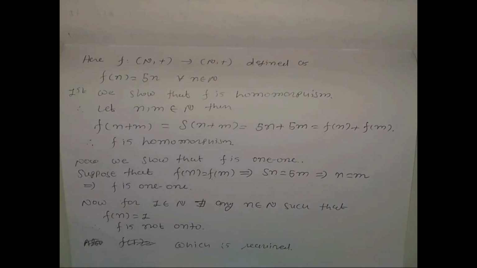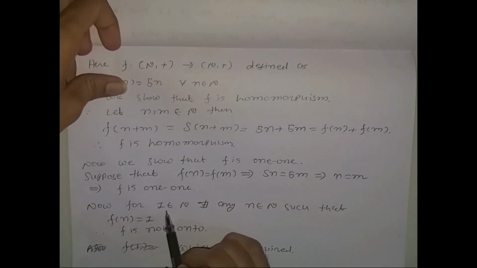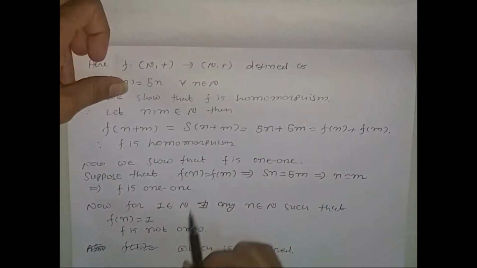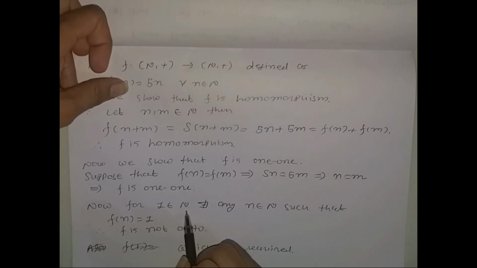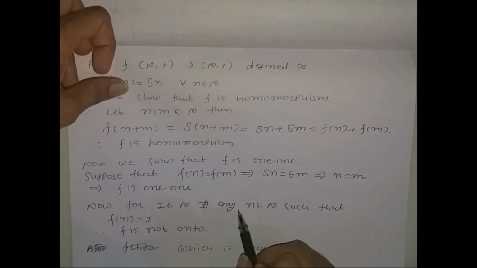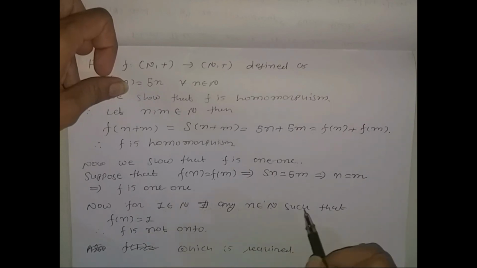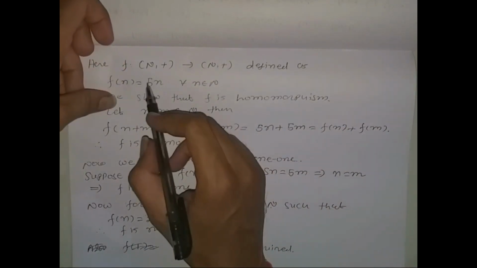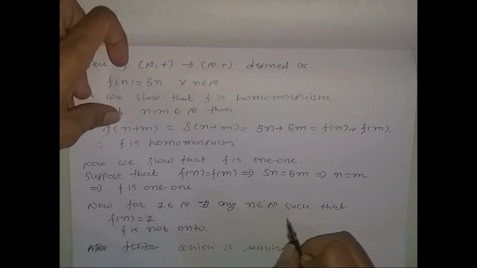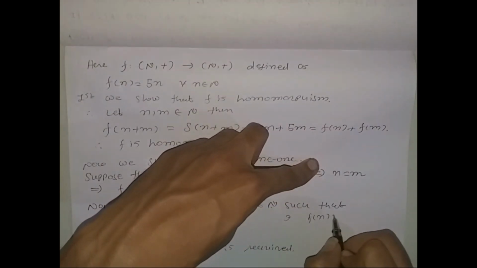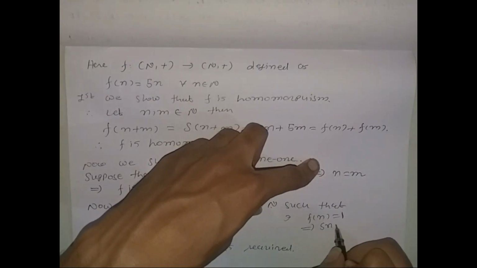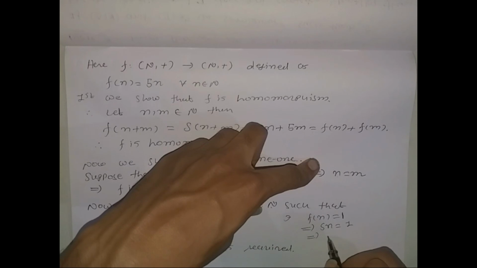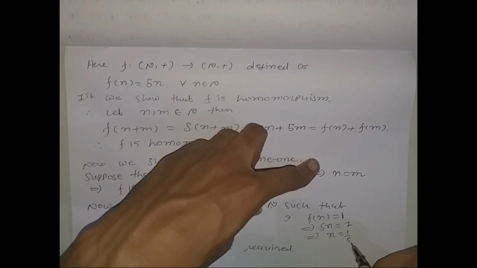Now our aim is to show that f is not onto. If we consider 1 belongs to the codomain, then there does not exist any natural number n belongs to N such that f of n is equal to 1. If there exists a natural number n belongs to N such that f of n is equal to 1, this implies that 5n is equal to 1. This implies that n is equal to 1 upon 5.